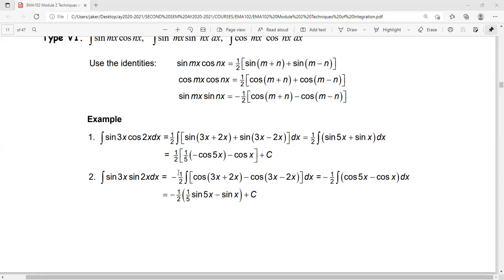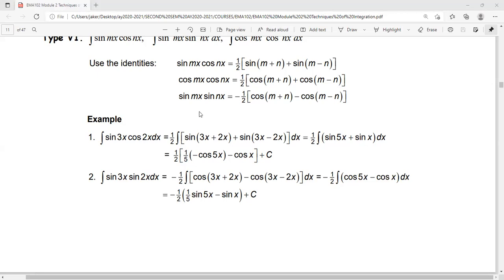So as a result, you have 1/2 multiplied 2. So this is the answer for the first integral. 1/5 negative cosine of 5x. And for the integral of the sine, it's negative cosine plus c. Do you get it? It's very easy.